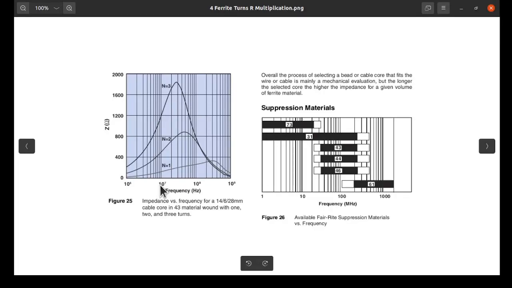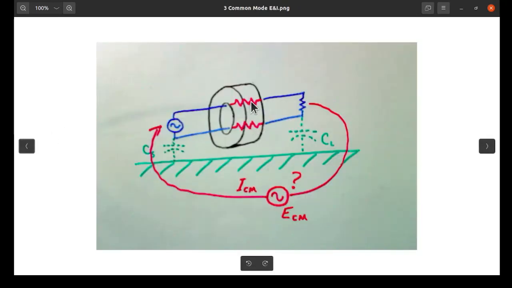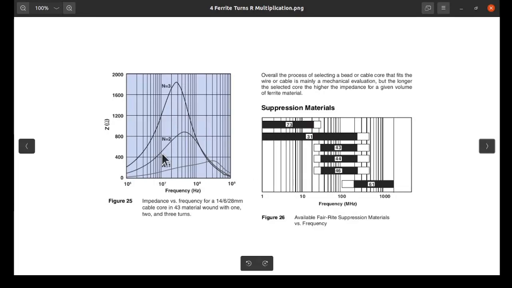However, if we look at 10 megahertz here, we'll see that with one loop of wire going through the core, it will present about 100 ohms of resistance. In other words, the bulk resistance of these two resistors is going to be 100 ohms. However, if we pass the wire through twice, it's going to appear to be about 500 ohms of resistance. And if we pass that wire through 3 times, it's 1200 ohms of resistance.